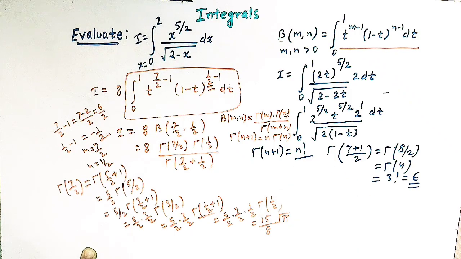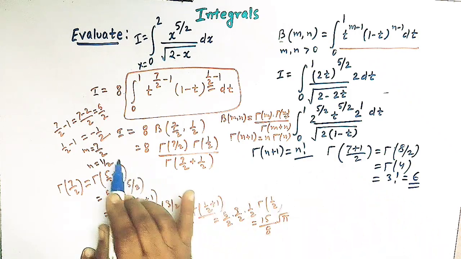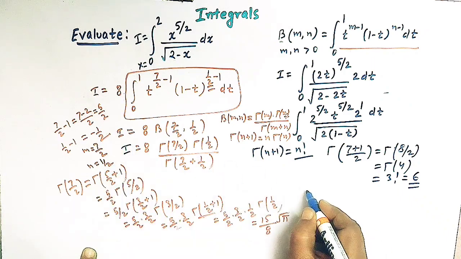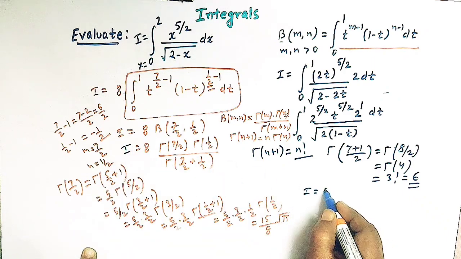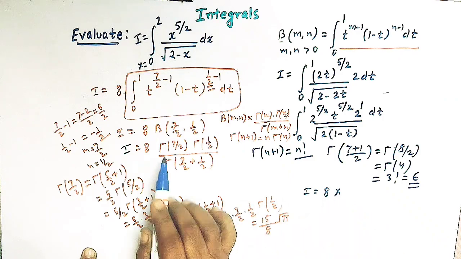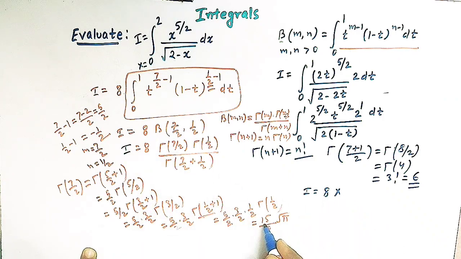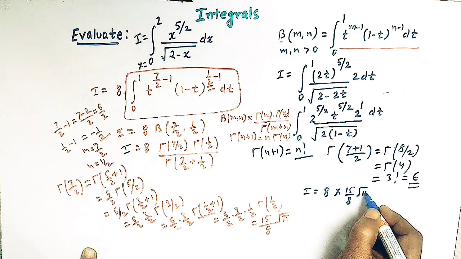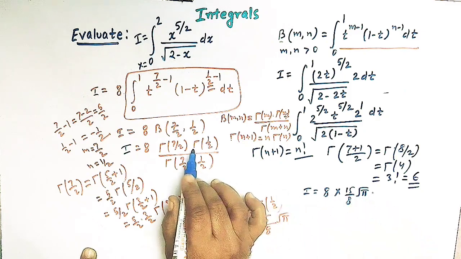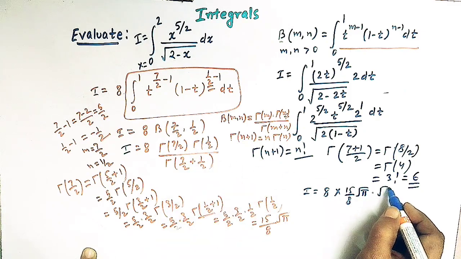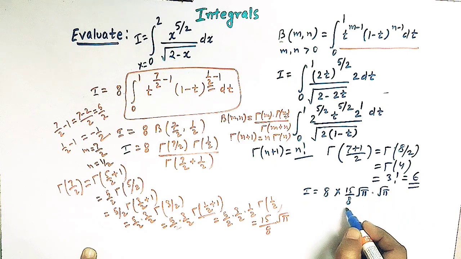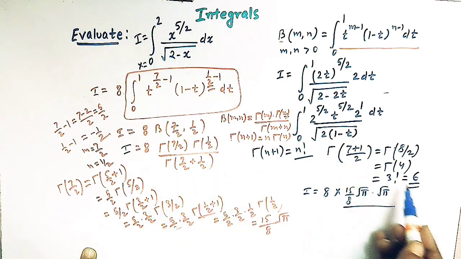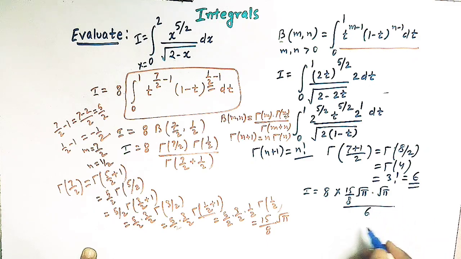So now we can write the value of this integral I as 8 times gamma 7 over 2, which is 15 over 8, and here we have root pi, and gamma half is square root of pi, divided by this expression, which is equal to 6, right?